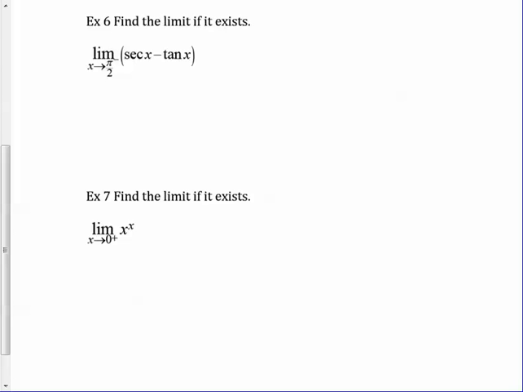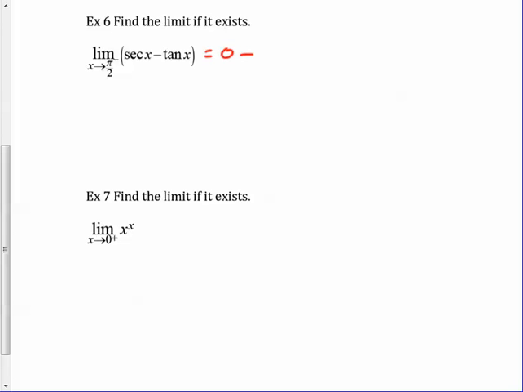Okay, find the limit if it exists. Well, the secant of pi over 2 is, I think, 0.